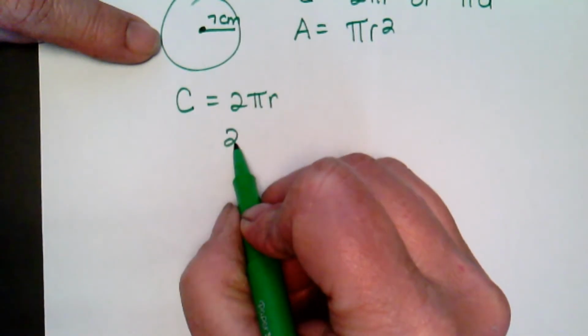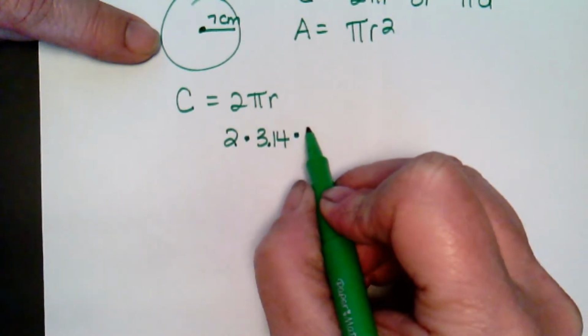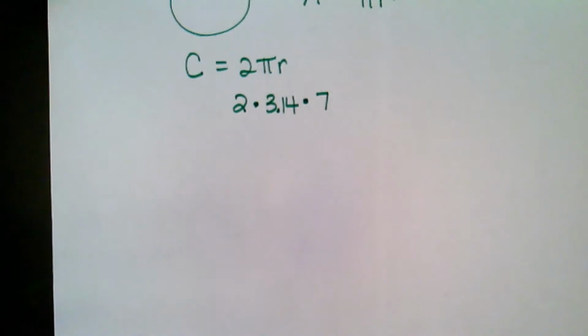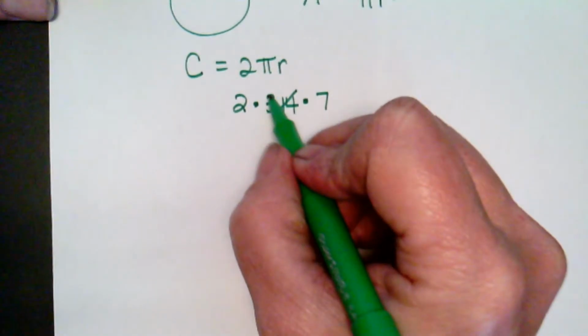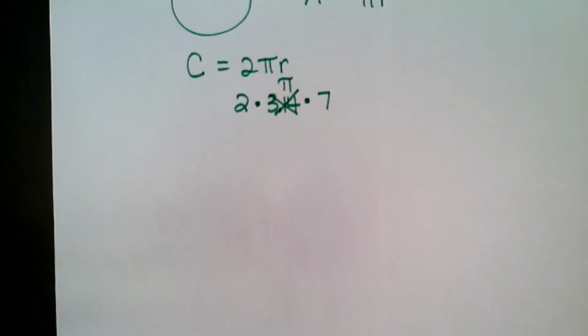So we're going to do 2 times 3.14 times 7. And always pay attention. Oh, I was just getting ready to say that. The question says type an exact answer in terms of pi. So instead of using 3.14, they just want you to use the symbol.